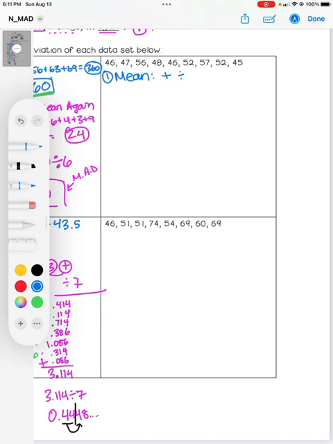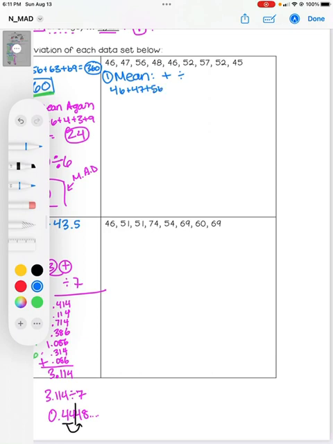plus 47 plus 56. I'm just reading my list of numbers from here.